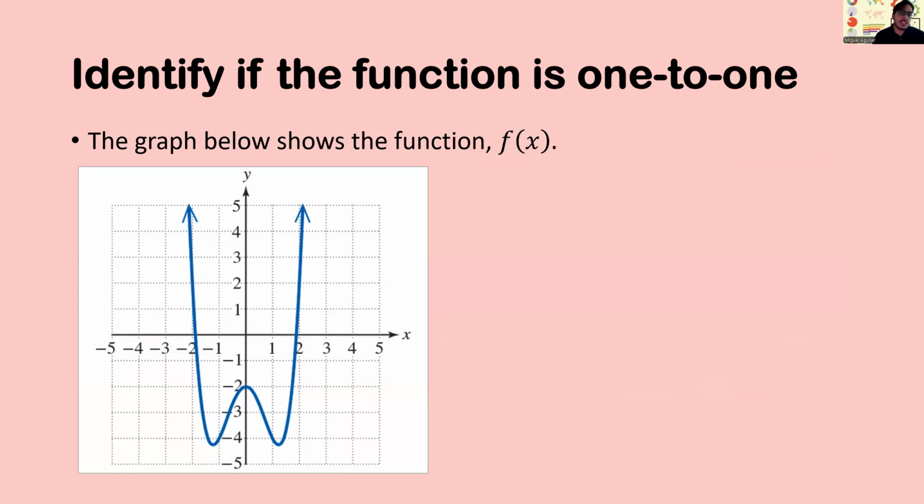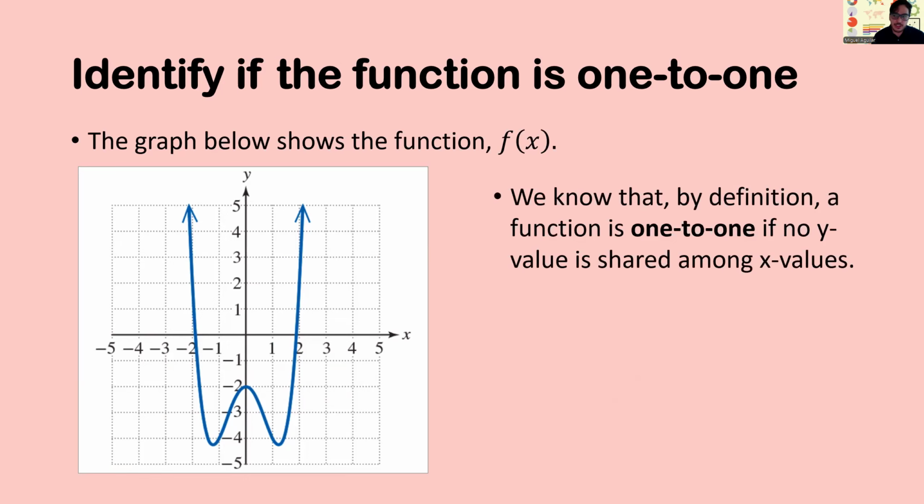So you're going to be given some problems that say, here's a graph. Determine whether the function is one-to-one. For now, I'm just telling you this graph is a function. This is a polynomial function. You guys have seen things like this in the previous section.